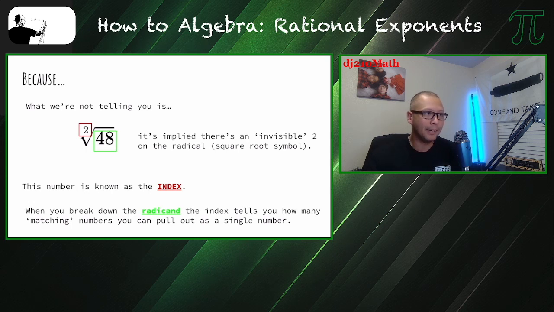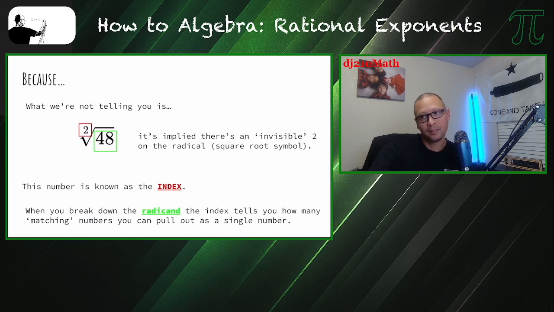When you break down the radicand, the part inside of the square root, into its prime factors, the root tells you how many like factors you can group together and pull out as a single number. So in this case, since it's a square root, we would group together a pair of 2s.